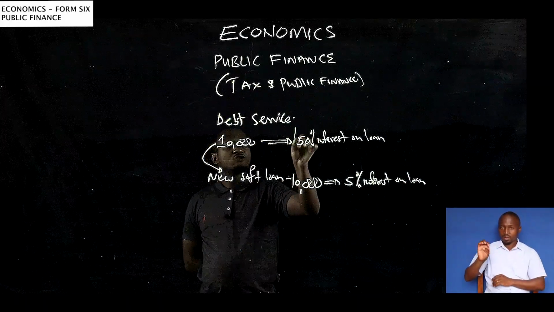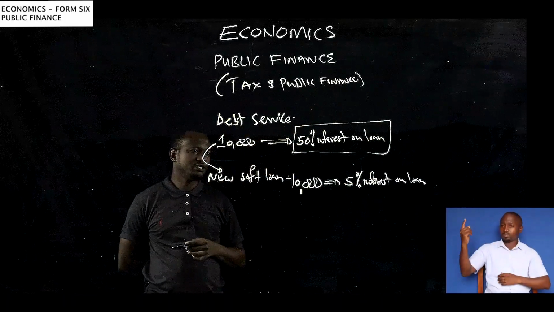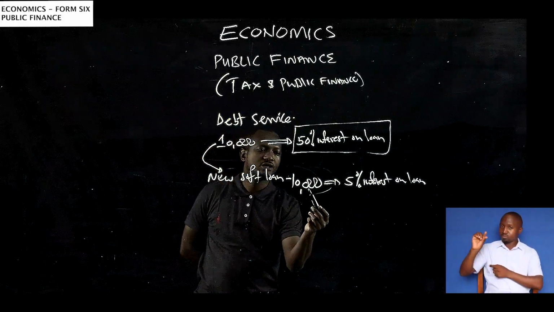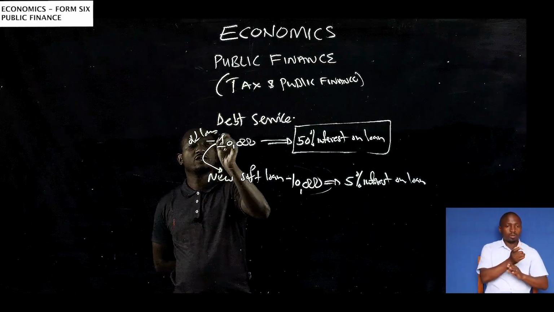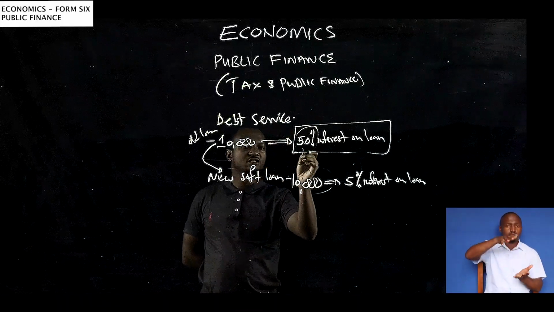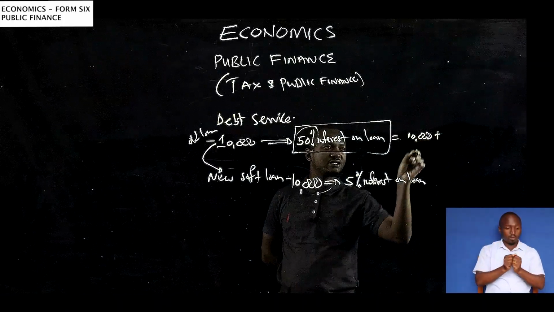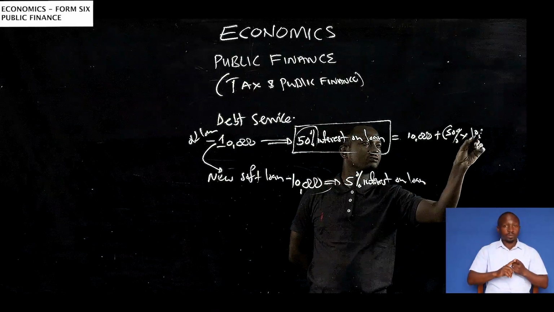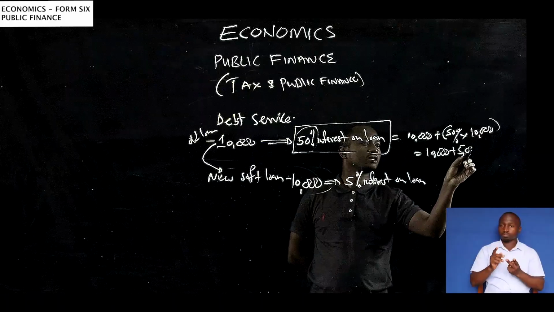So to avoid having a big public debt, the government decides to take this new loan of 10,000 to pay the old loan in order to avoid this big interest rate. Because through this interest, the government is to pay 10,000 plus 50% of 10,000, so it means 10,000 plus 5,000.